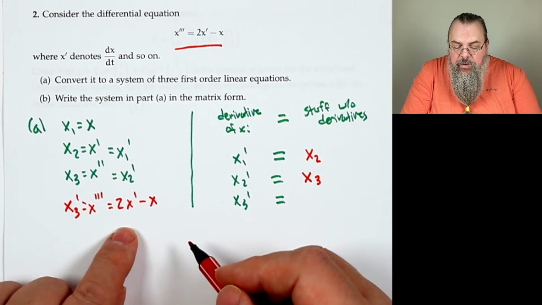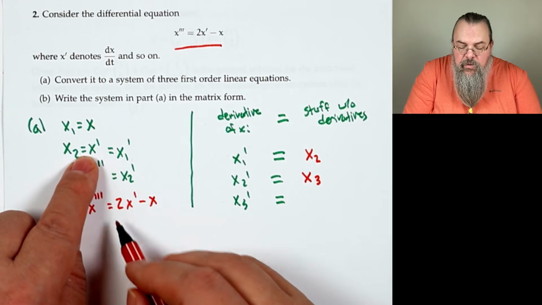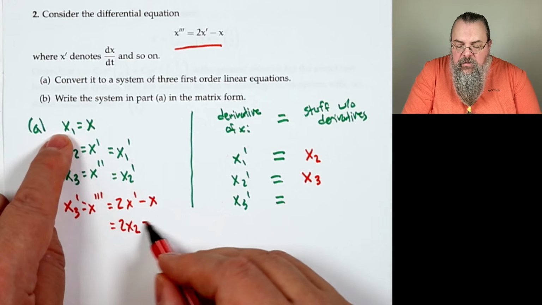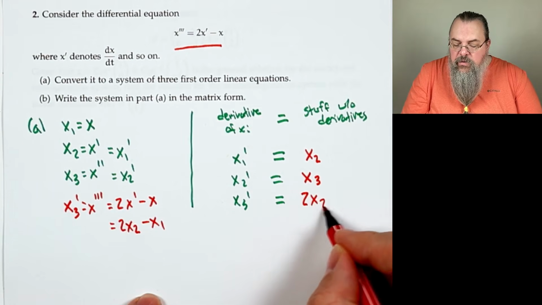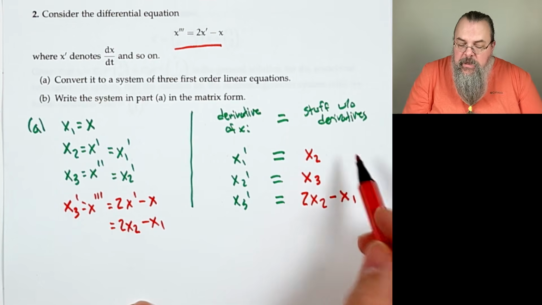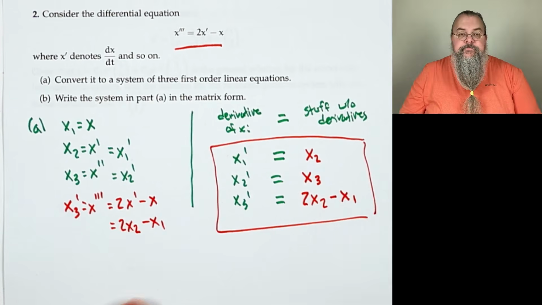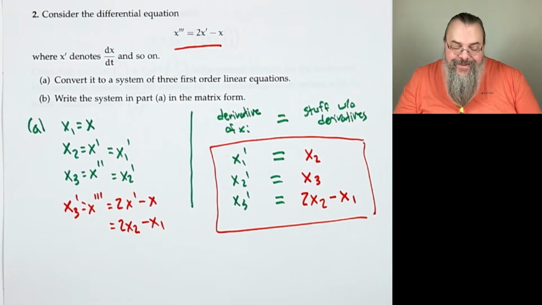But x prime is x2, so this is 2x2, and x is x1. So we get 2x2 minus x1. And that is part A.